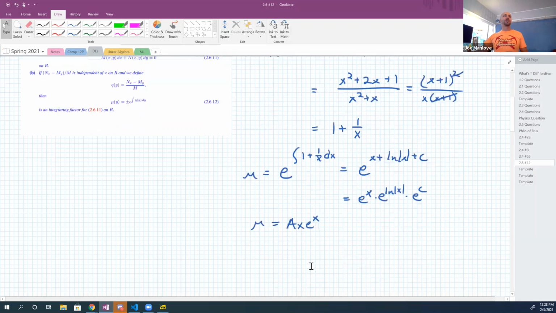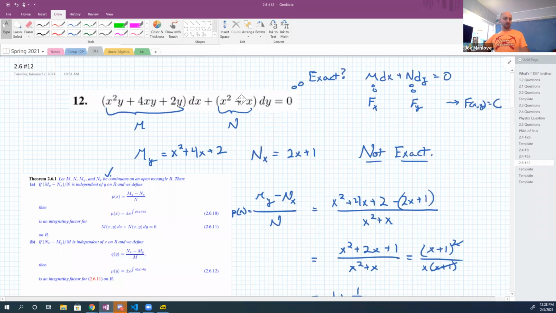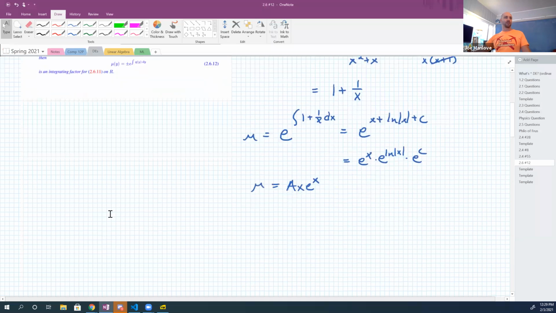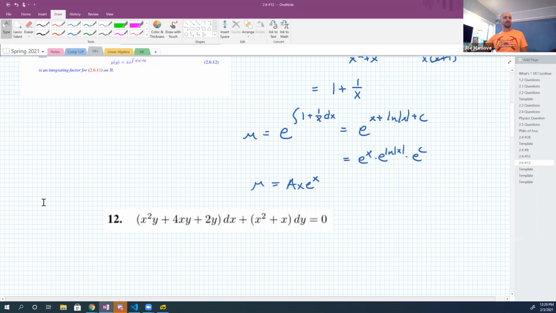All right, so all told here, I need to go get my original differential equation and plop it back down. Now I'm going to multiply through by x e to the x, and I discard that A. So as I go through this, I'm going to have x cubed y e to the x plus 4x squared y e to the x plus 2xy e to the x, all that junk dx.